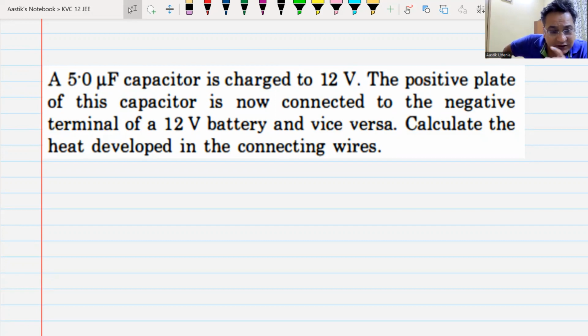The positive plate of this capacitor is now connected to the negative terminal of the 12 volt battery and vice versa. So now that thing is reversed. Calculate the heat developed in the wires, and I'll give you 2 minutes to solve this.